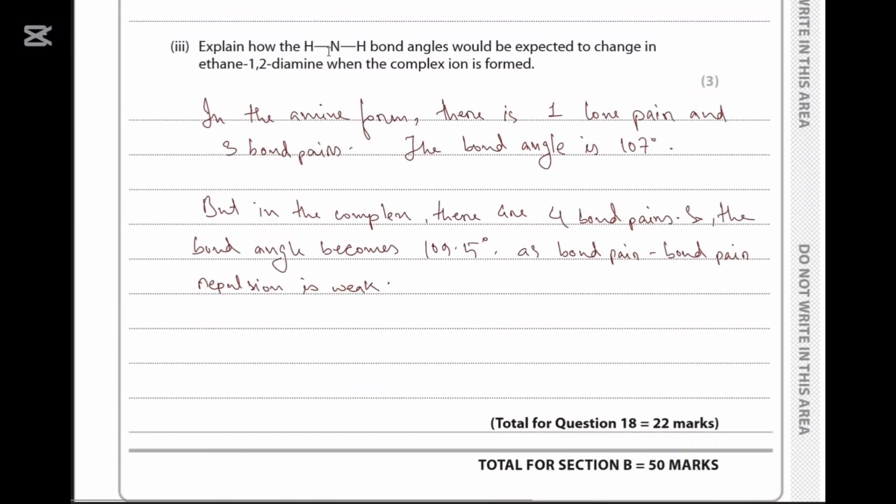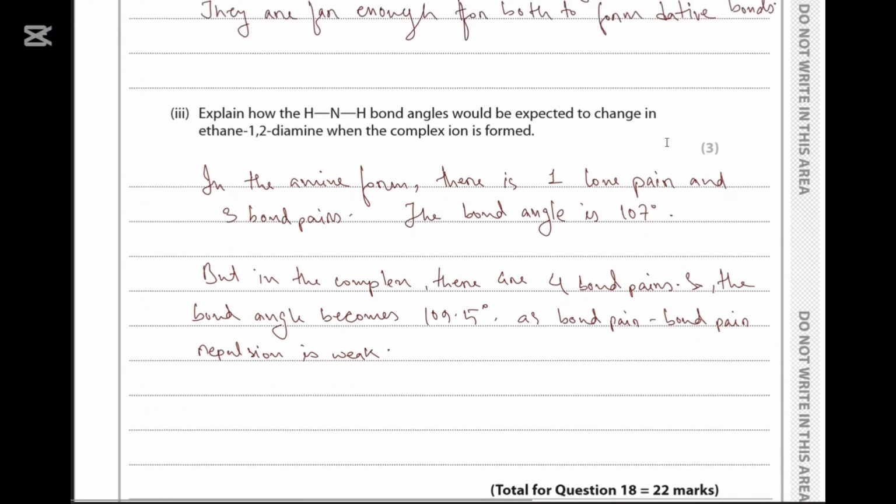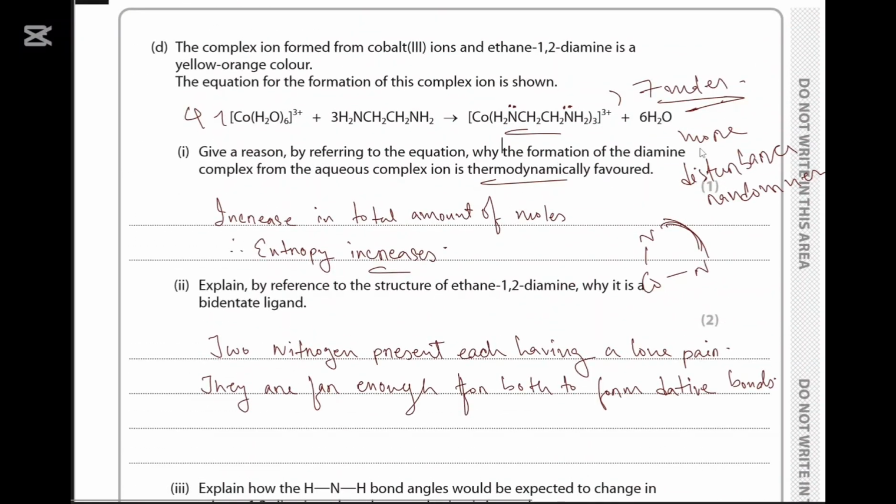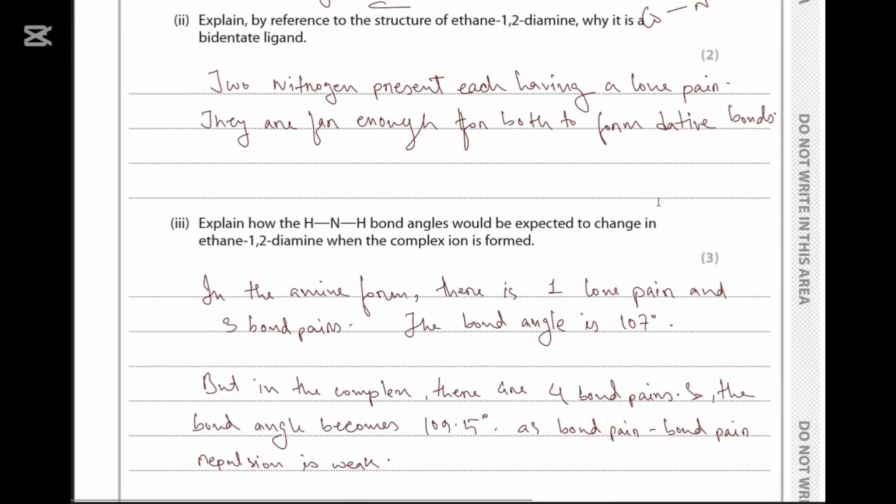Explain how the H-N-H bond angles would be expected to change. If we look at the structure here, we had a lone pair, LP, and 1, 2, and 3, three bond pairs, right? So for the N in the ligand, we had one lone pair and three bond pairs. Since the repulsion between a lone pair and a bond pair is greater, the angle was 107 degrees.